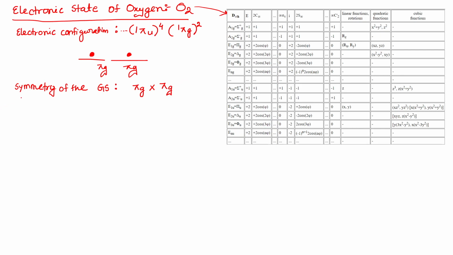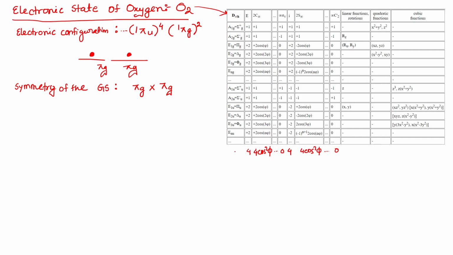If you do that, pi g into pi g, let's see what we are going to get. I'll write here under the same symmetry operations. We are going to get 4 cos square phi, and then 0, and then 4, right? And then again 4 cos square phi, and then 0.